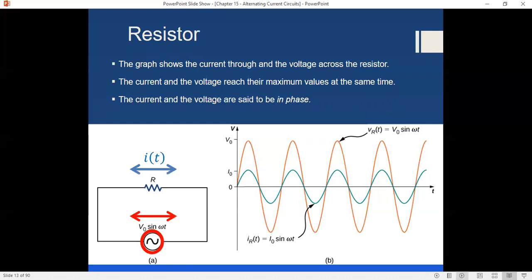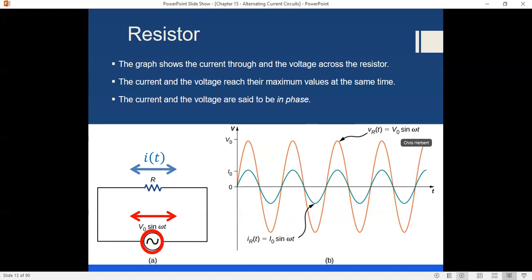Whatever the voltage is doing, the current is doing the same, offset by some proportionality constant, which is, of course, your resistance. Okay, I is equal to V divided by R. So if my equation for the voltage looks like this, my equation for the current is also going to have a sine in it.